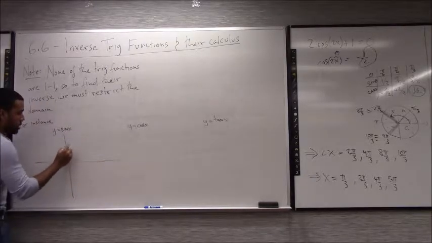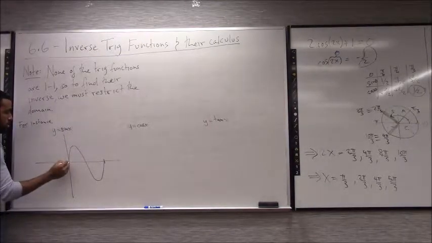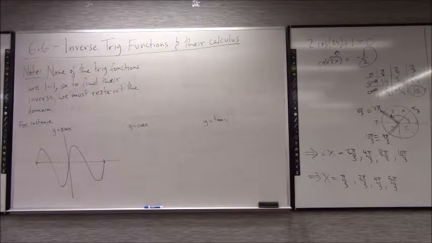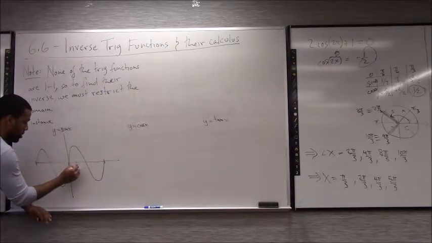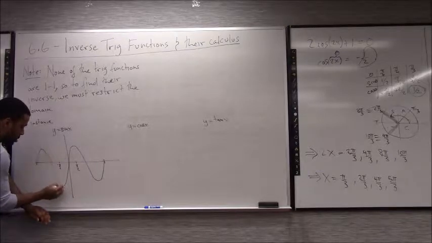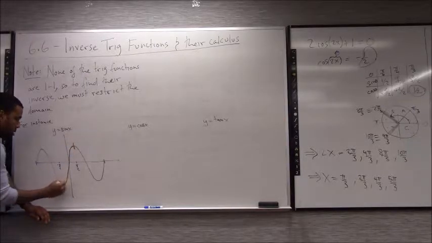So our sine graph looks like this. And obviously it continues backwards. How we decide to restrict the domain for sine, we decide to cut this off at pi over 2 and minus pi over 2. So the only part of this graph that we're going to be flipping is this part of the graph.